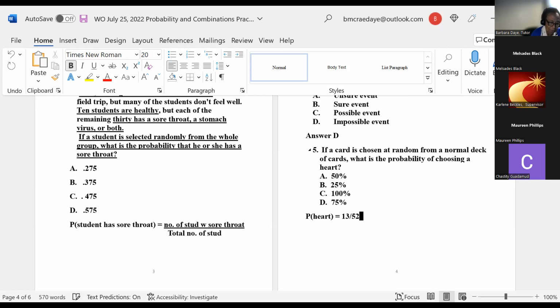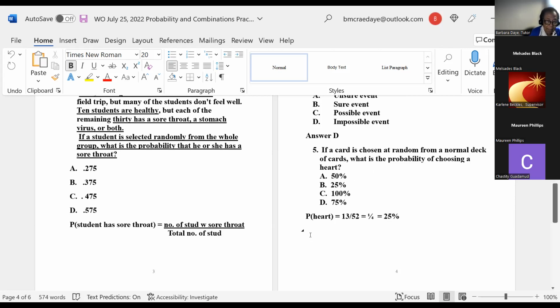So 13 over 52 simplifies to what? 13 into 52 goes 4 times, so this is 1 over 4. And 1 over 4 is what percent, Mercedes? 25%.